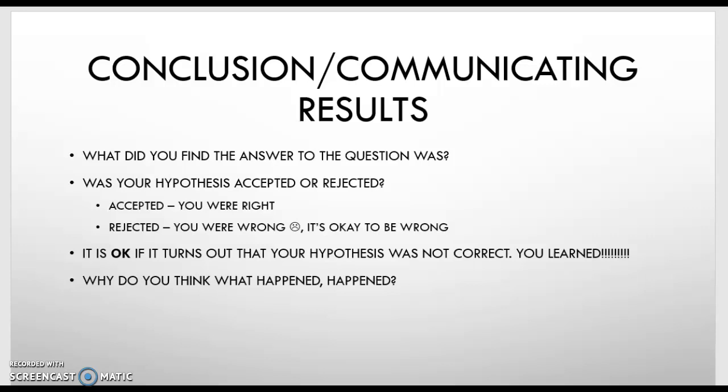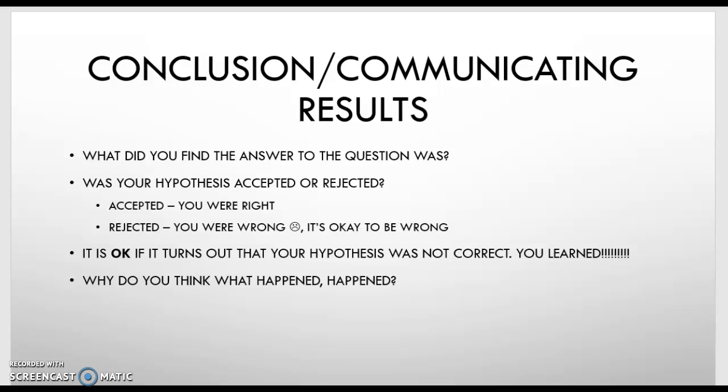All right, so when we write a lab report, our biggest section is typically our conclusion and communicating our results. This is where we talk about, I wish I did this differently. I wonder what would happen if we did it like this next time. Something went wrong. Something went right.